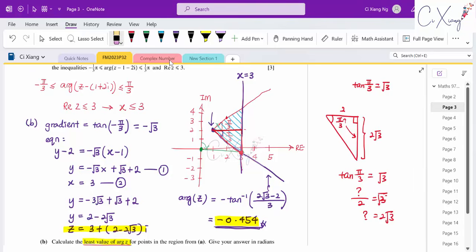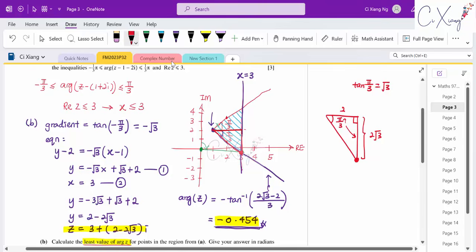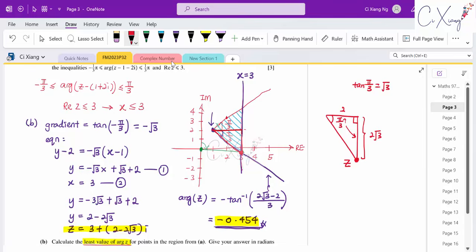Okay, so after I get the height of this triangle, since I know that this is z, I want to know the y coordinate for this z. So what I can do is observe the diagram again. I know that this horizontal line is at 2, right? You can see 2. The y coordinate for this point here is 2.